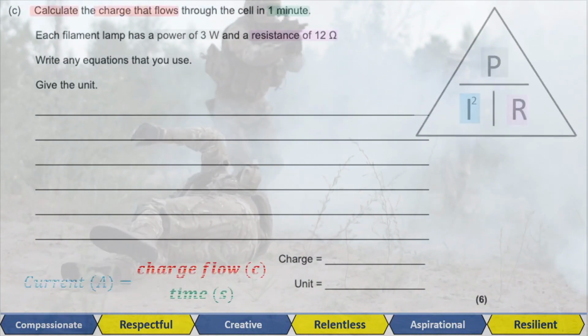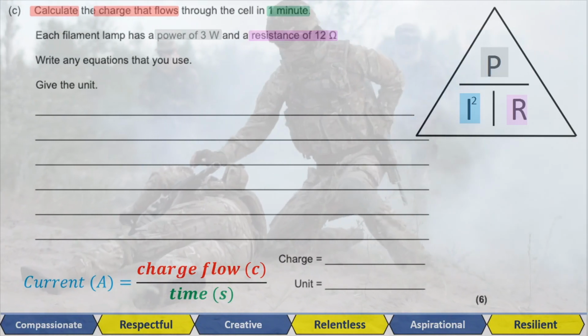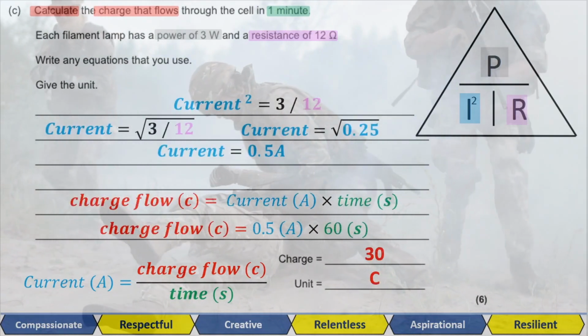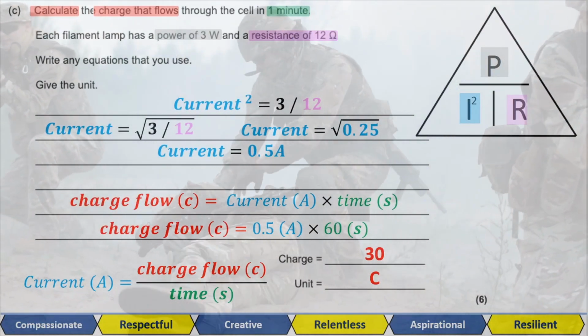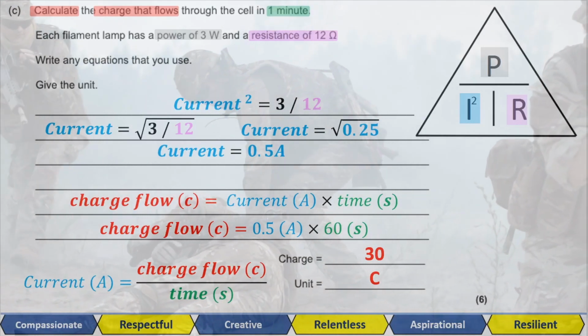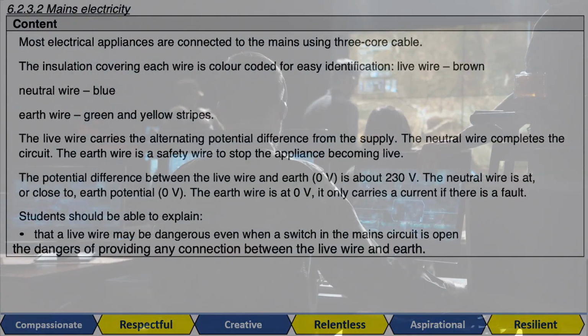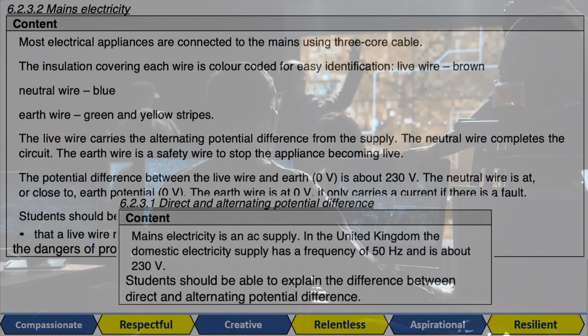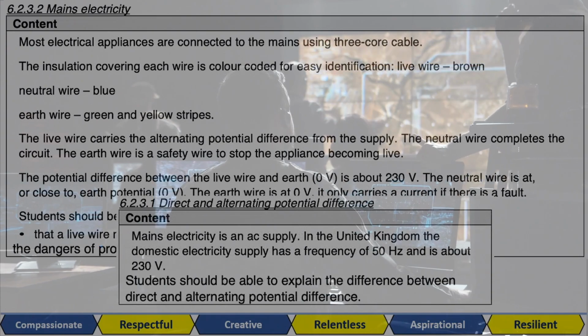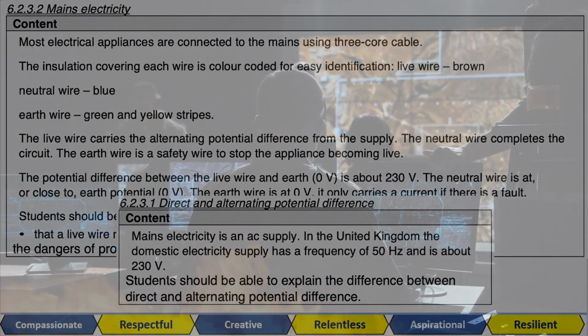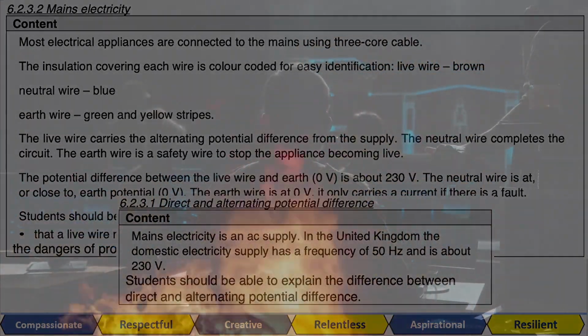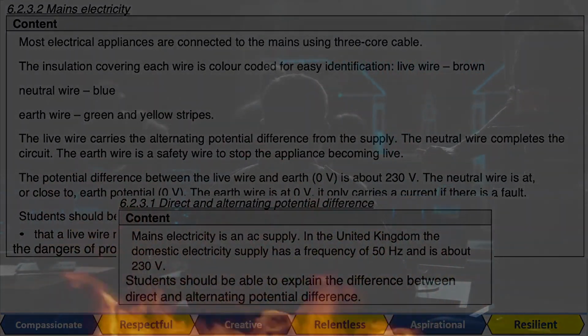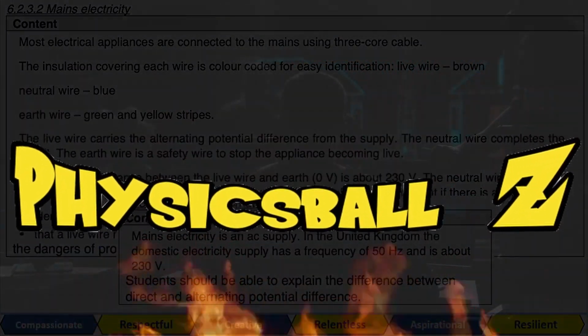But by using the ancient highlights and the sacred equations, they were able to calculate this monstrosity of a question. And now, our heroes have uncovered the hidden base of mains electricity. Will they be able to pattern direct and alternating potential differences, or will their energy supply be limited? Find out in today's episode of Physicsball Z.